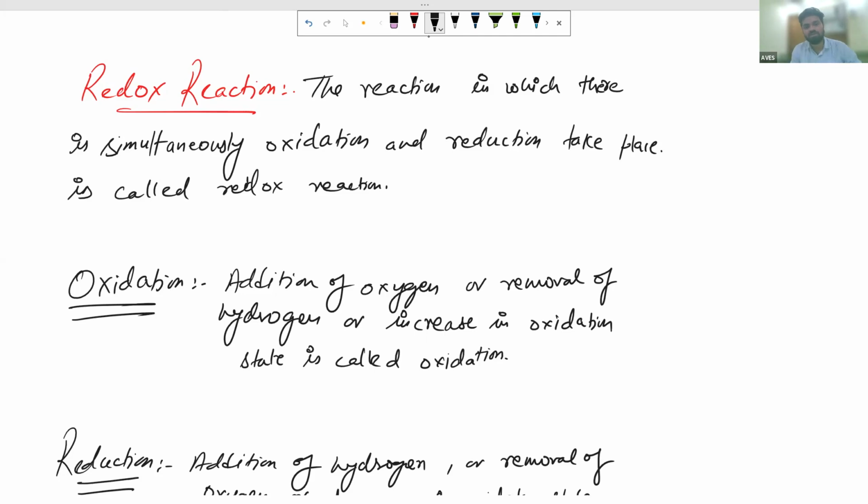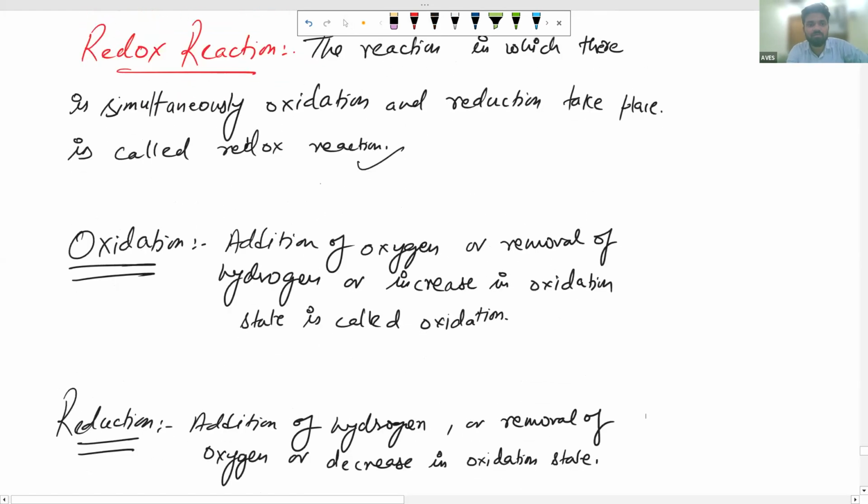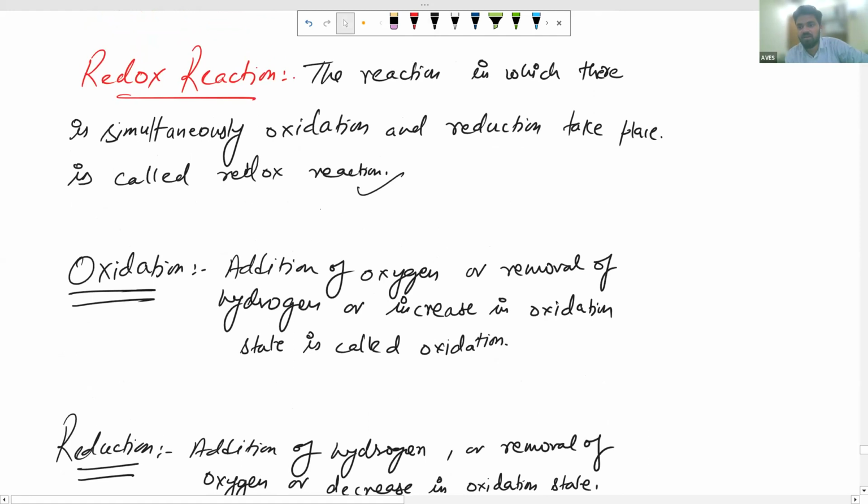So this is the reaction in which oxidation and reduction take place simultaneously. This is called a redox reaction. Got it? Okay, sir. Note down the redox reaction definition, everybody.